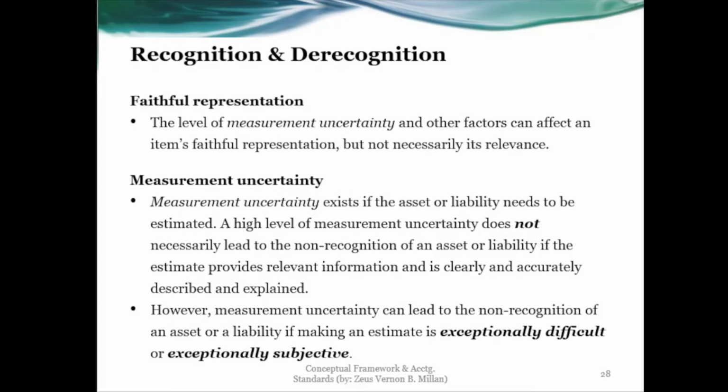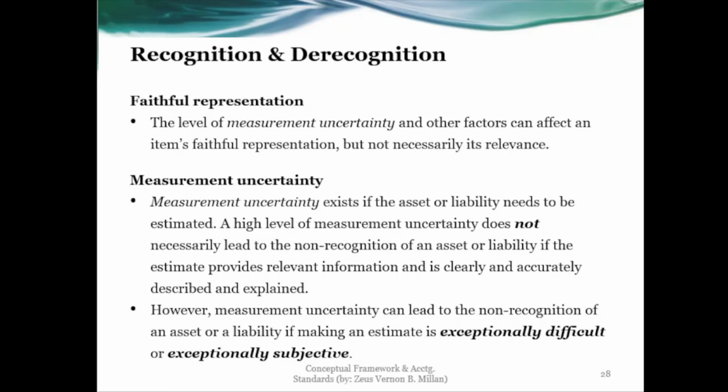Next is about faithful representation. The level of measurement uncertainty, and other factors can affect an item's faithful representation but not necessarily its relevance. So when we talk about measurement uncertainty, this exists if the asset or liability needs to be estimated.